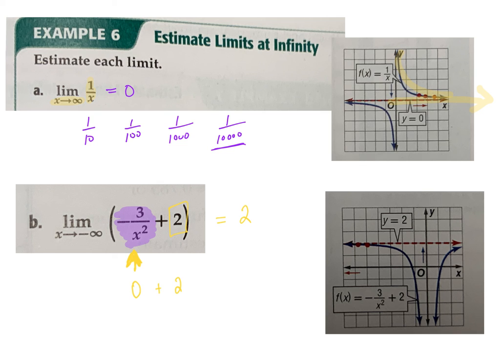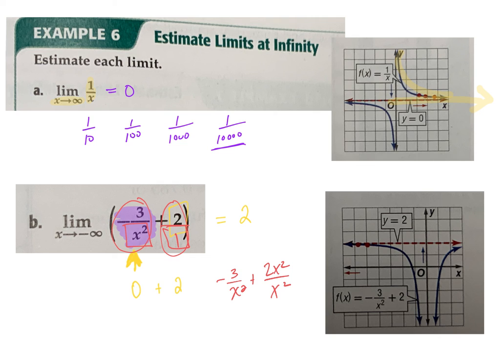And if I were to actually do this algebraically, just really quickly, if I were to get a common denominator between these two pieces, what would it be? It's x squared, right? So plus 2x squared over x squared.